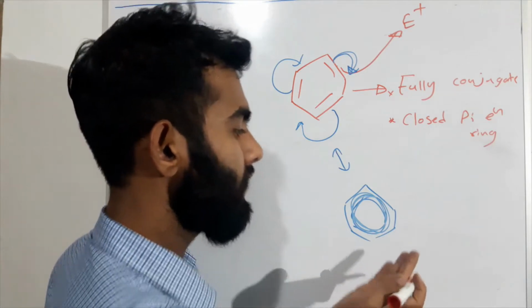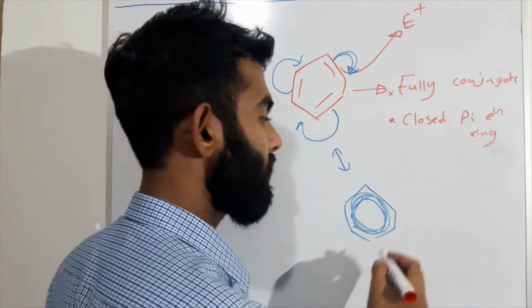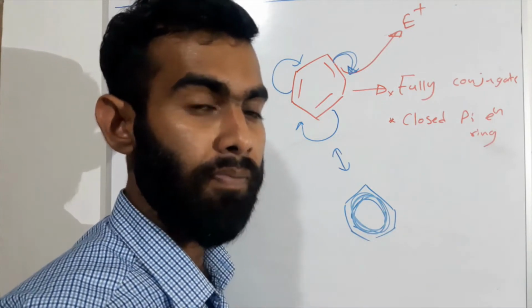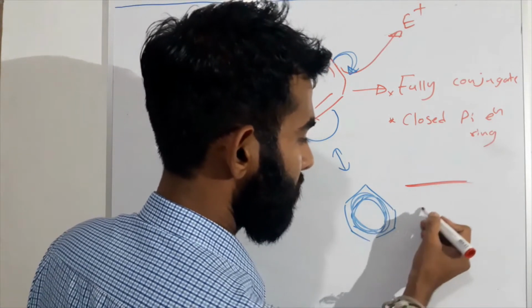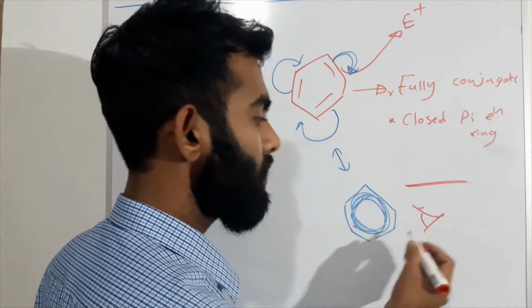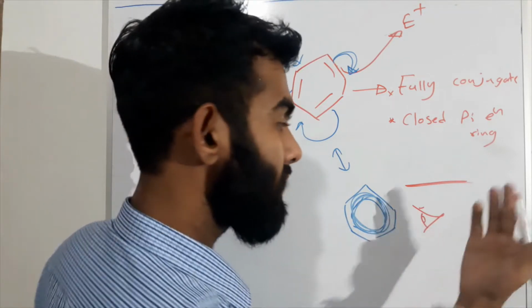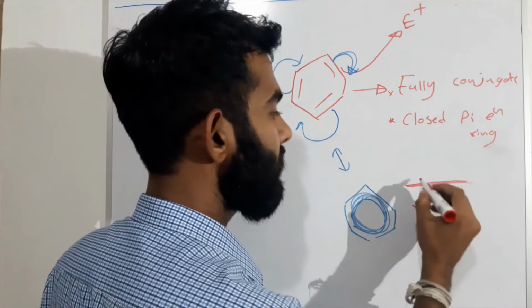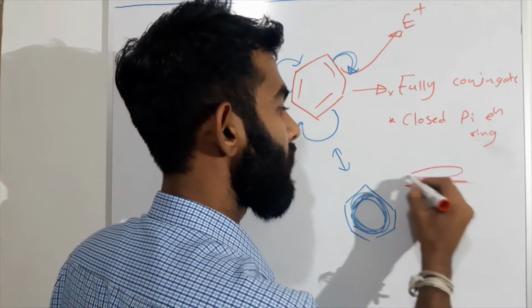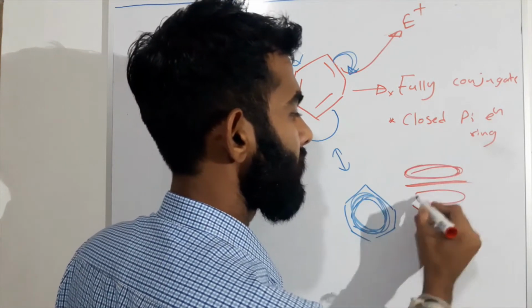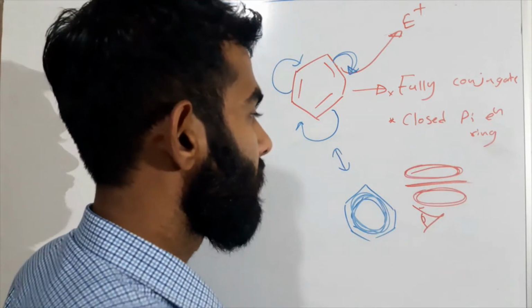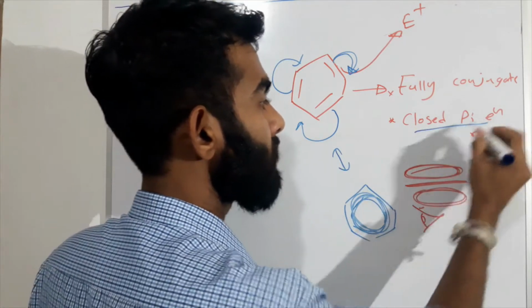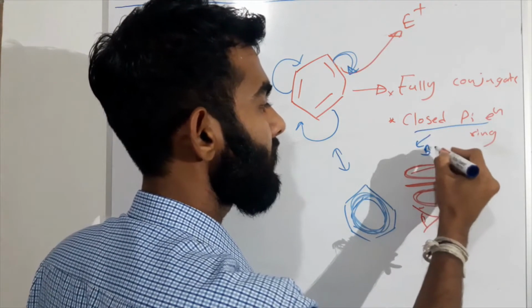If we see from the plane, if you observe this aromatic structure in this plane, on the whiteboard, its pi electron cloud will be observed above the ring and below the ring. So it will form a closed pi-electron ring. This is more stable, very stable.